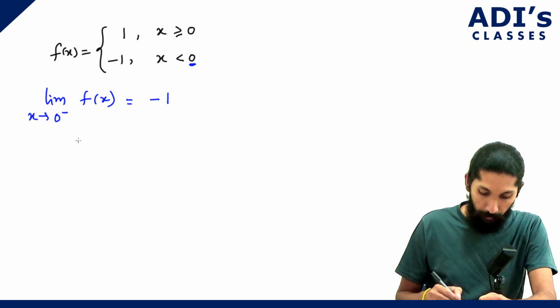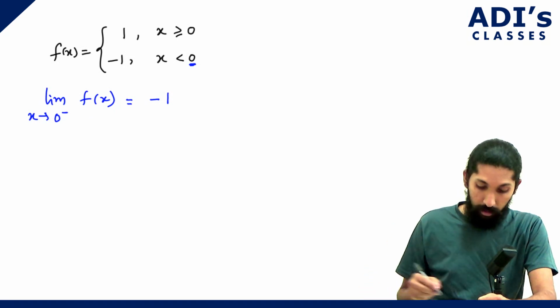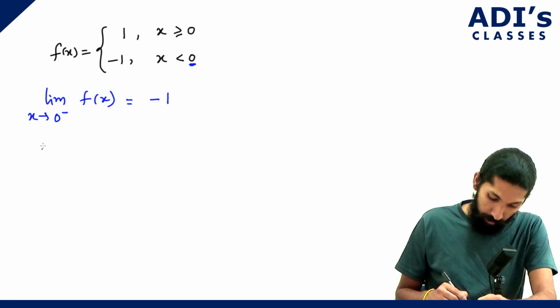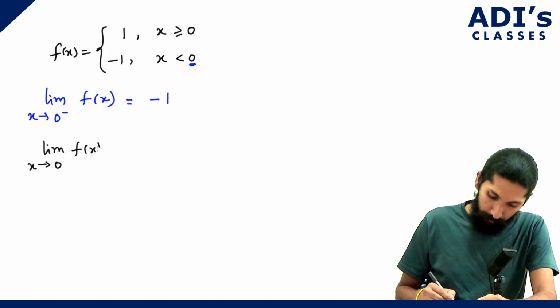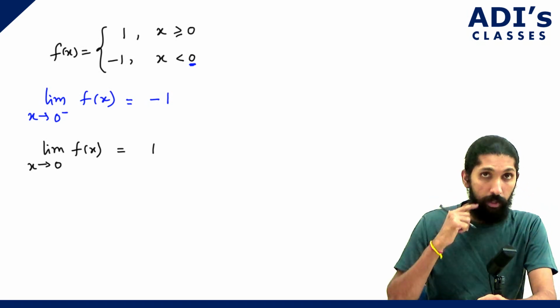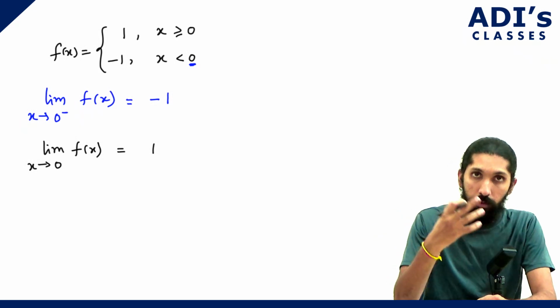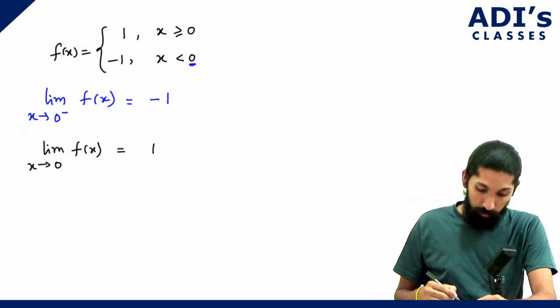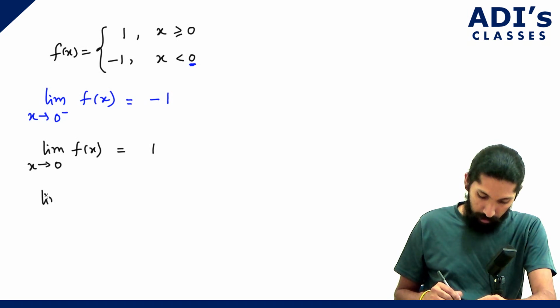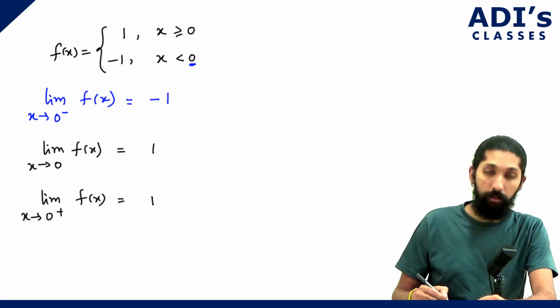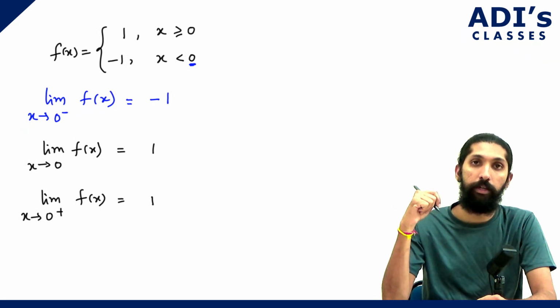Next, we take limit as x tending to 0 of f of x. This value is nothing but 1, because if x is equal to 0, the function value is 1. Now the last part, limit as x tending to 0 plus of f of x. This value is also 1, because greater than 0 is also 1, correct?